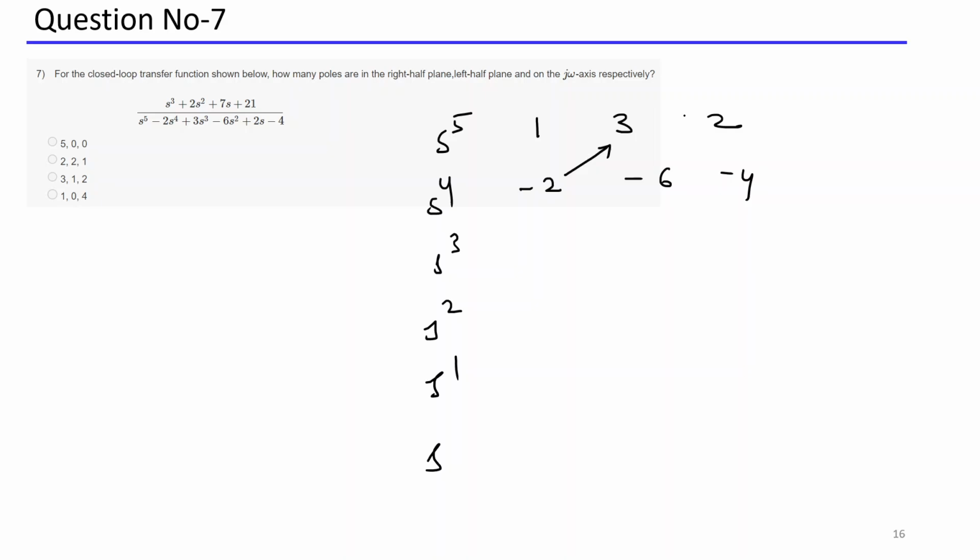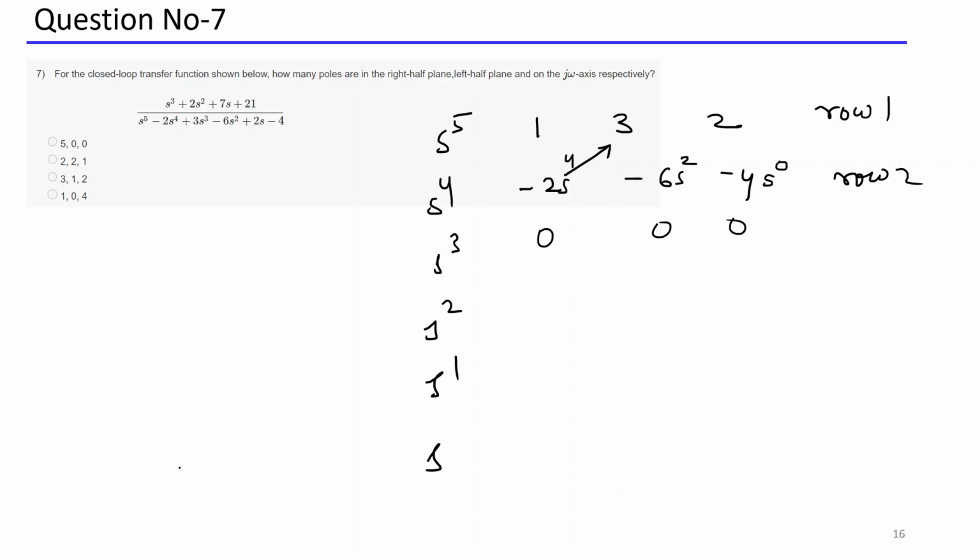You can see that row 1 and row 2 are proportional, because this is 1, 3, 2 and this is minus 1, minus 3, minus 2. They are proportional, which means you will get a row of 0. Once you get a row of 0, you must multiply the coefficients with the powers. Here 2s^4 is there, here minus 6s^2, here s to the power 0.